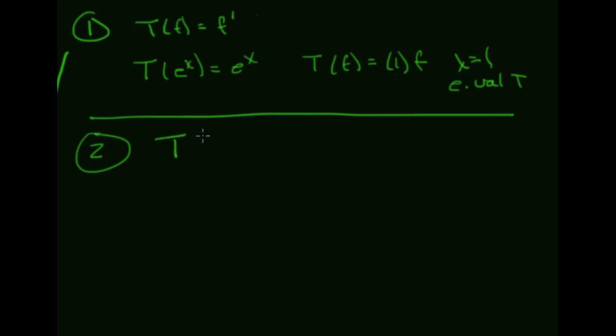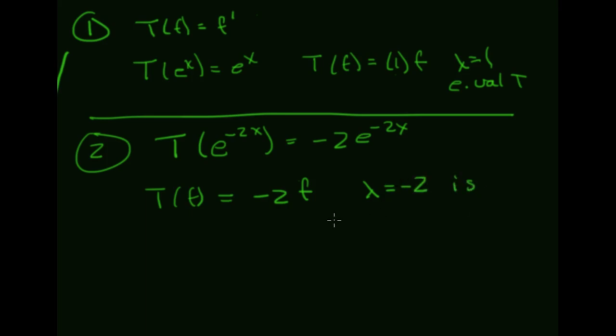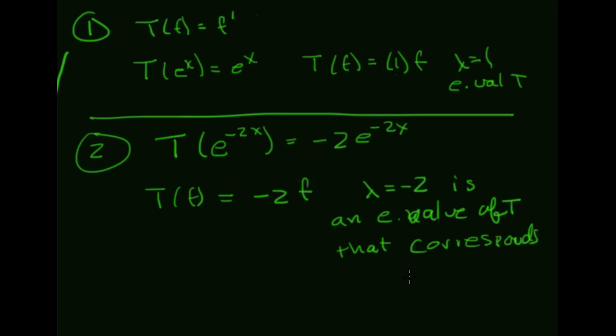If I take the same linear transformation of e to the negative 2x, I'm going to end up with negative 2e to the negative 2x, which means that the eigenvalue that corresponds to e to the negative 2x here is negative 2, because if I take T of f, this is the same thing as negative 2 times f, which means lambda equals negative 2 is an eigenvalue of T that corresponds to the eigenvector f. All right, so those two not so bad.